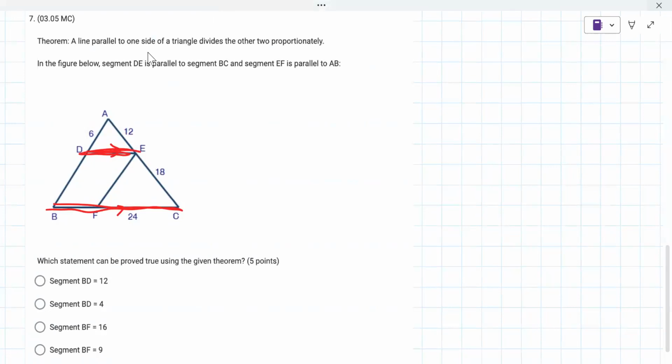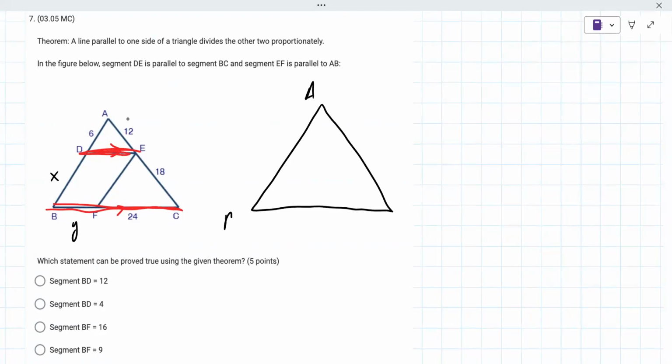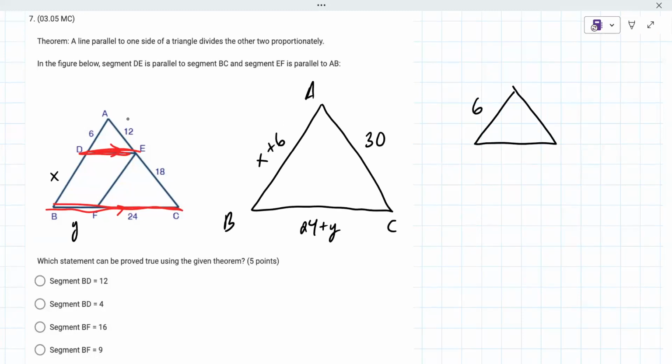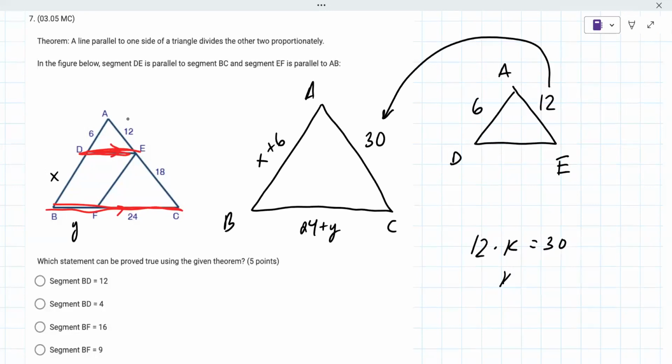I'm gonna use the same letters again, Y and X. So there's the big triangle again, ABC: X plus 6, 30, 24 plus Y. And this time the little one is ADE, 6 to 12. This time you're going from 12 to 30. So 12 times K equals 30. K equals 30 over 12. That ends up being 5/2.